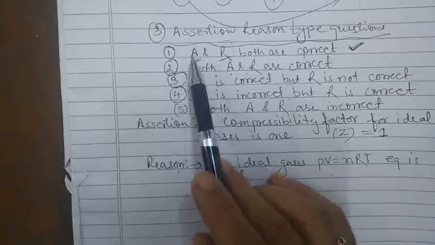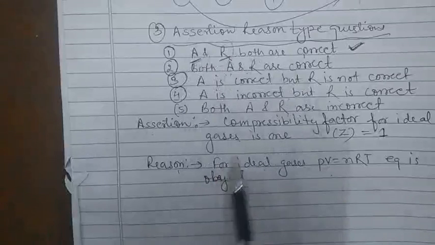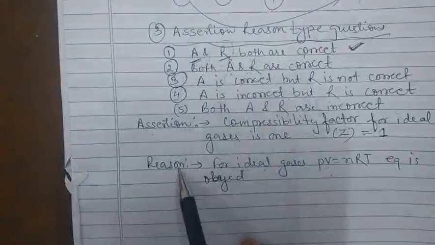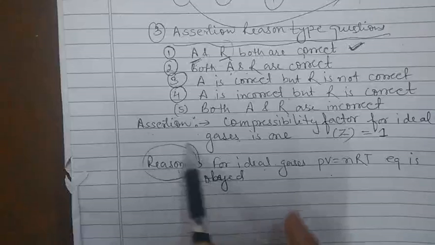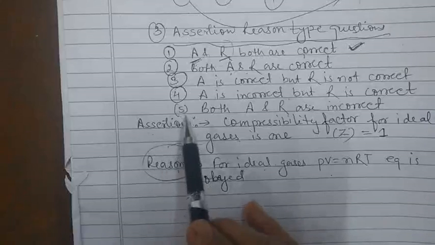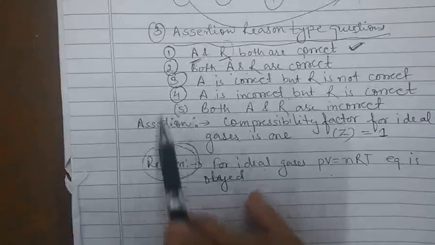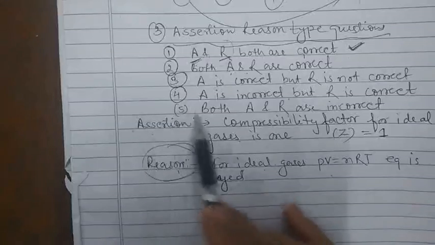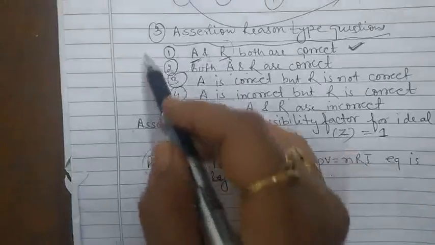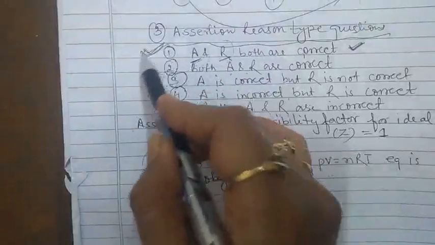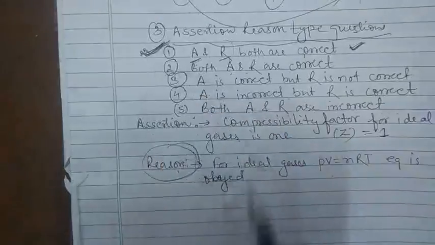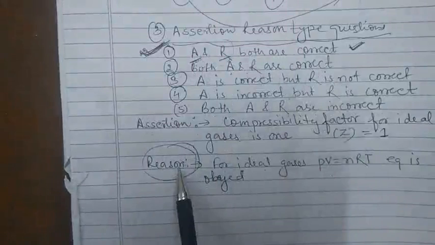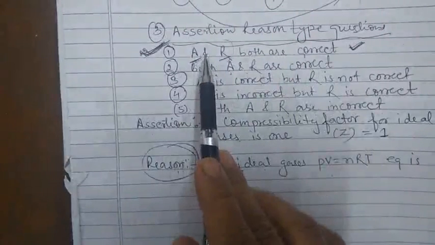So the answer is: assertion and reason both are correct, and the reason for the assertion is also correct. The reason for the statement is also correct, so you have to choose this option: assertion and reason both are correct, and reason is the correct explanation for the assertion.